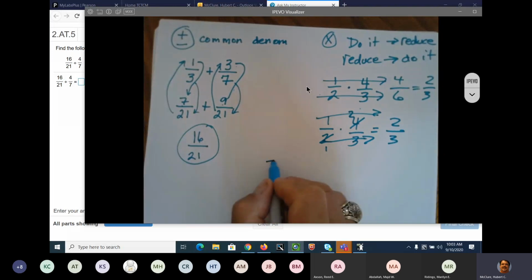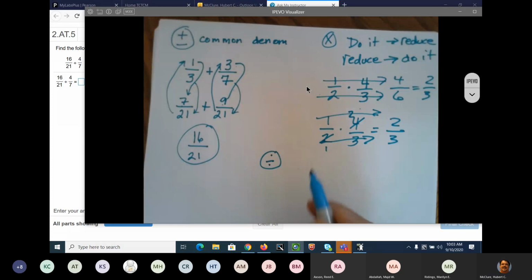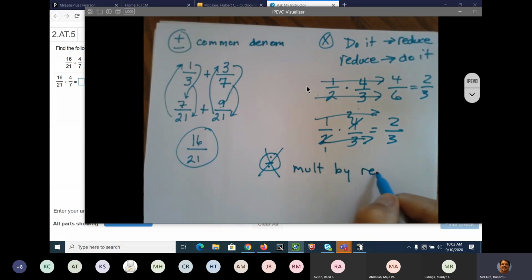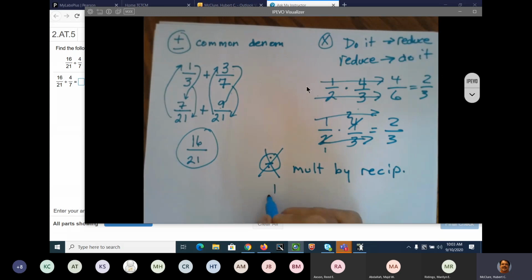Division of fractions, there is no such thing. When you divide by a fraction, you multiply by the reciprocal. So if I give you 1/4 divided by 3/2, well, there is no division. You change it.